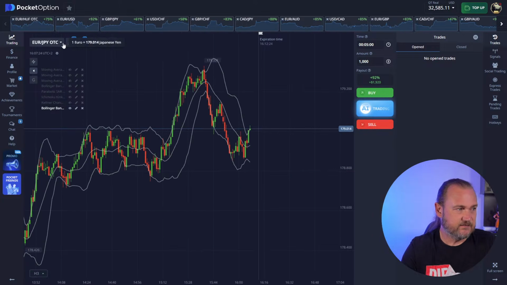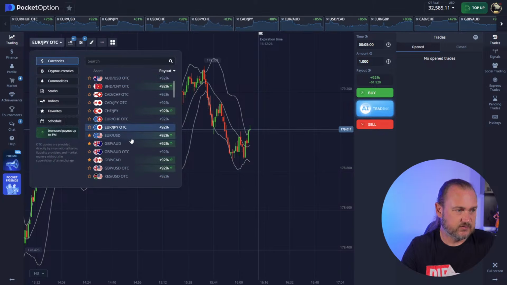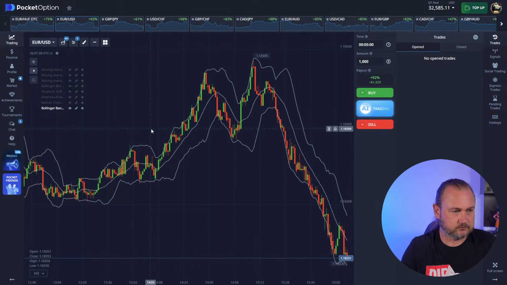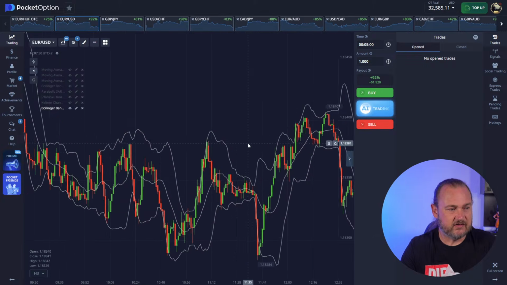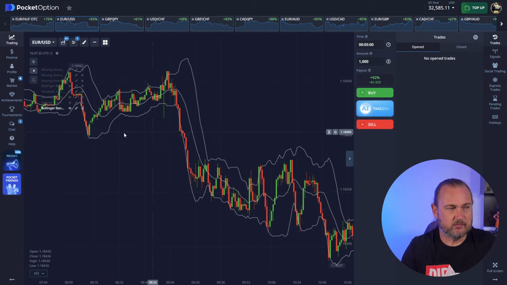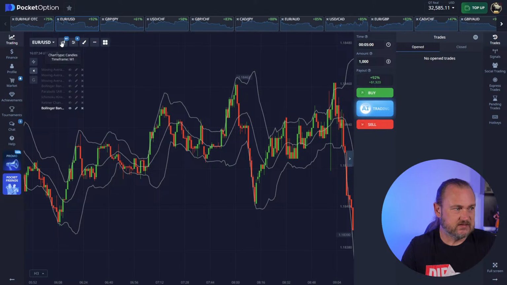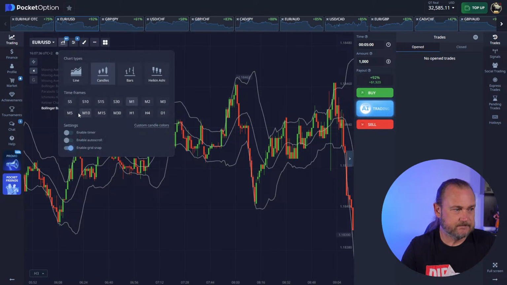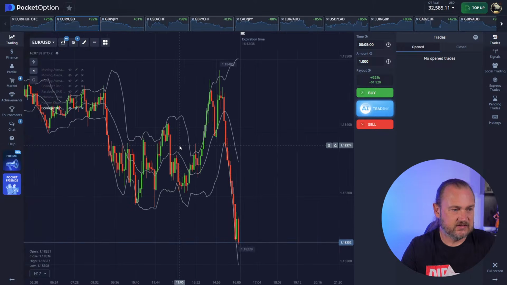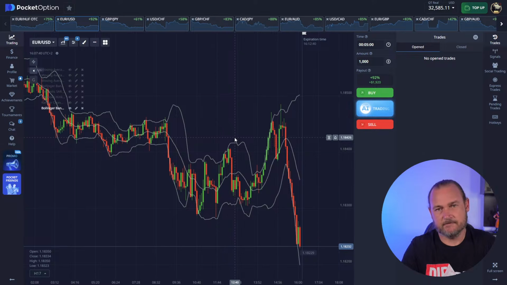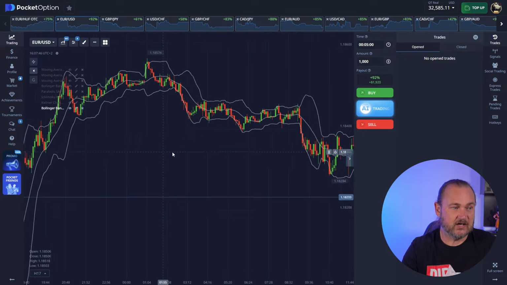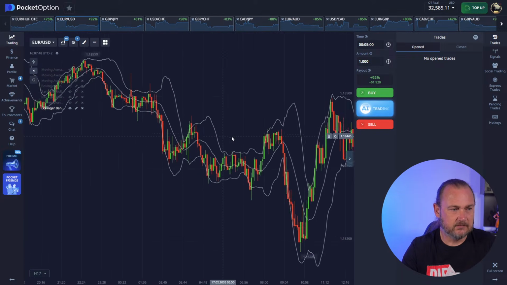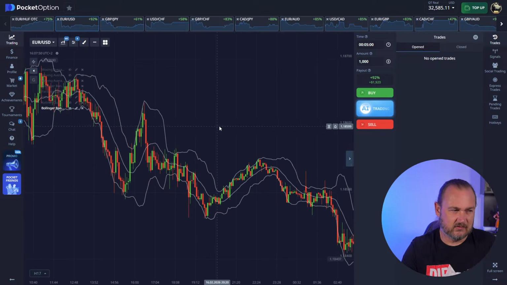Another thing that's very commonly used is, I'm going to go to Euro USD here. One of my favorite things to trade is called the Bollinger Squeeze. The squeeze happens when the upper and the lower line start moving together, and they stay close to each other for a few candles. It doesn't happen often.